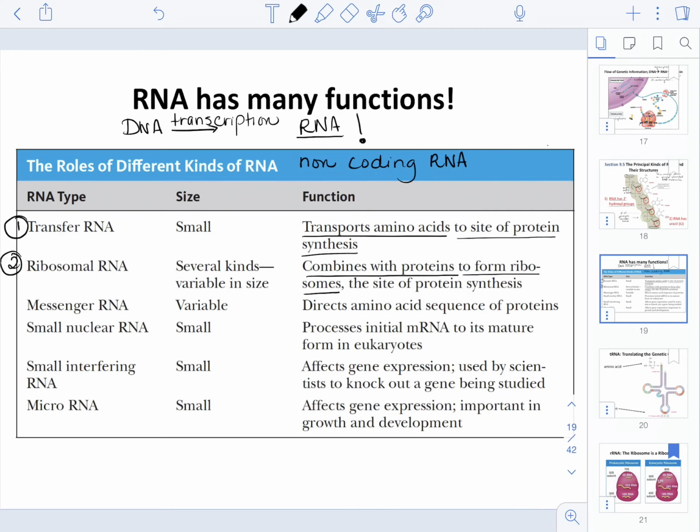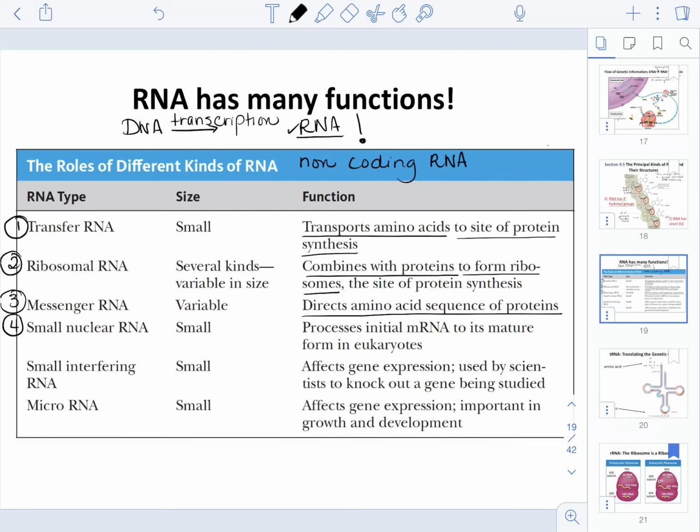And remember that ribosomes are going to be the machinery that makes those proteins. We're going to be mentioning also messenger RNA, this RNA that I keep on talking about that results from the transcription of DNA, and that's why it directs the amino acid sequence of proteins if that RNA leads to the synthesis of proteins.